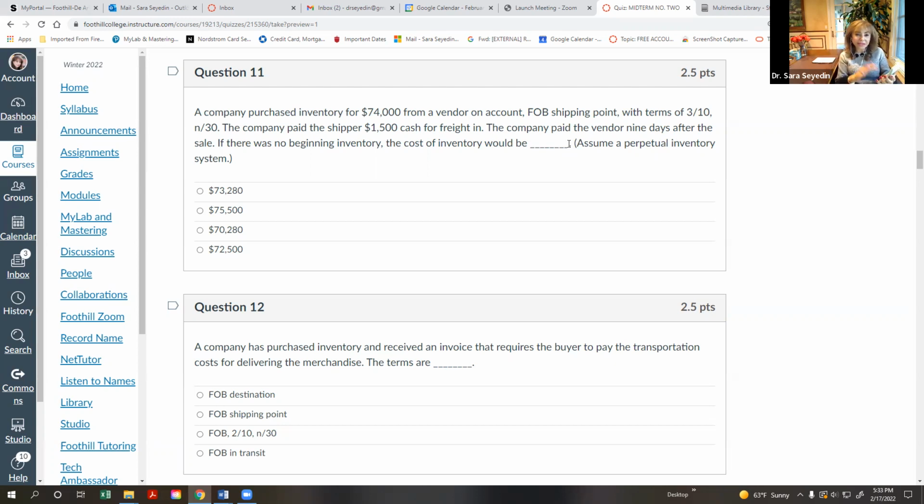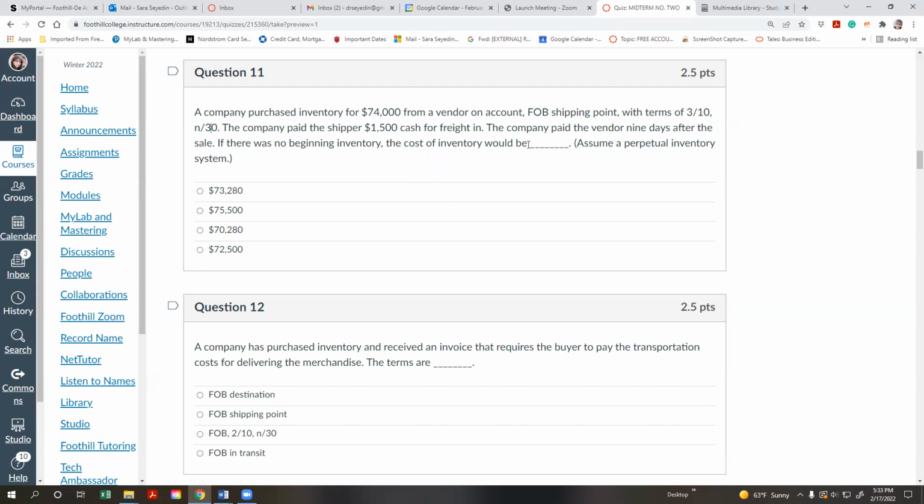So we're going to add 1,500 to the 43,650. So the cost is 45,150.